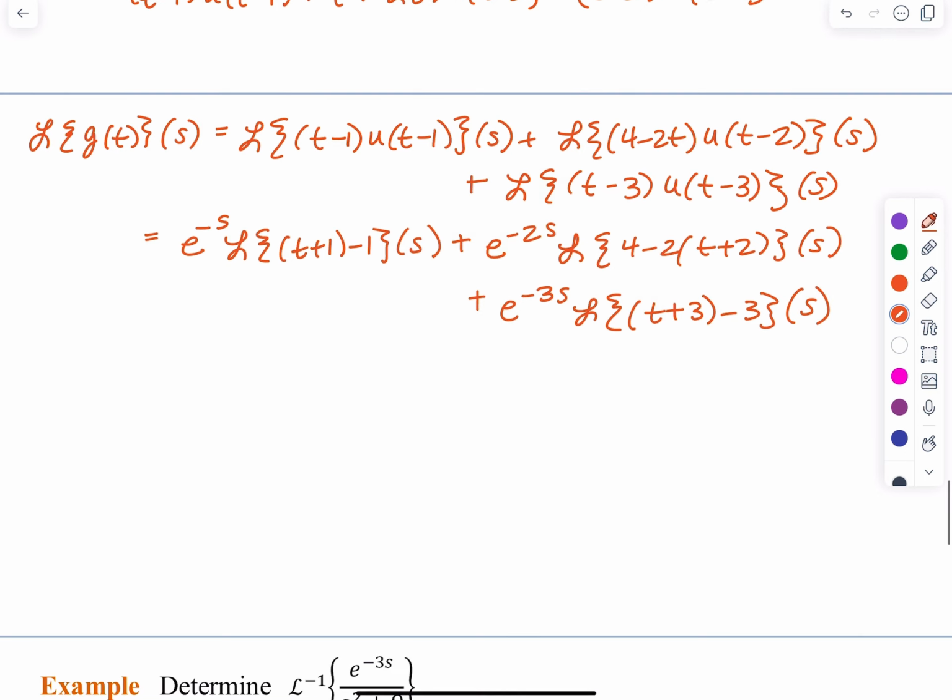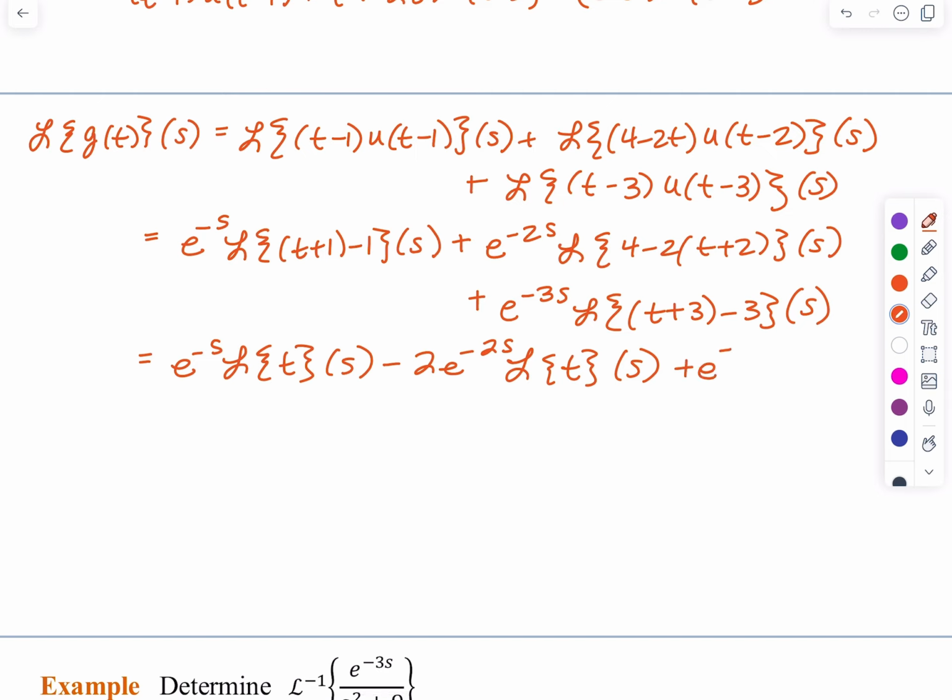So that gives us e to the negative s multiplied by the Laplace transform of just t of s, minus 2e to the negative 2s multiplied by the Laplace transform of t of s, plus e to the negative 3s multiplied by the Laplace transform of t of s.